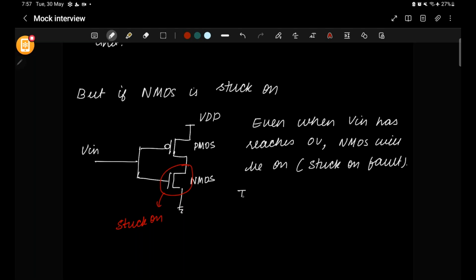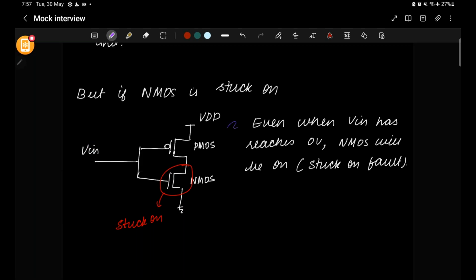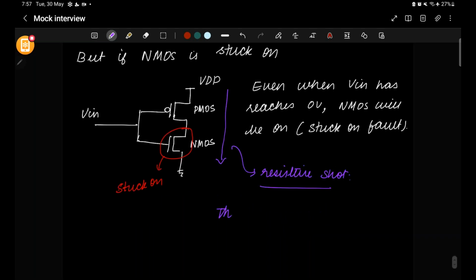This will actually occur if there is some manufacturing defect. There is a resistive short here. Even when Vin reaches 0 volt, there is a path for current to flow from VDD to ground. This is a resistive short.